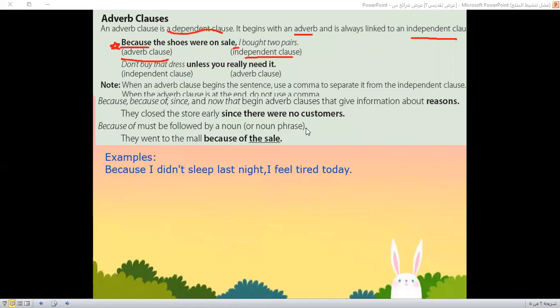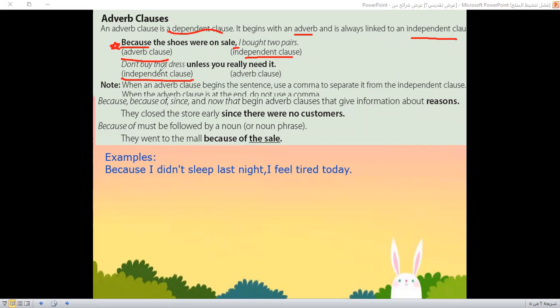Right. Now here, you can see that he didn't start with the adverb clause. No, he started with the independent clause, the clause that could be on its own. Don't buy that dress. It's an independent clause. It can stand on its own. And then he said, unless you really need it.